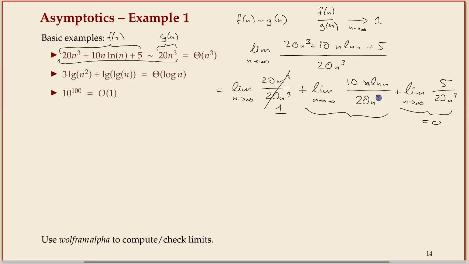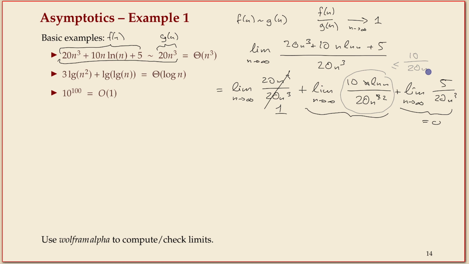We can cancel 1n with 1n. And log n is less than n. So we can upper bound it by, let me do this in small, this is less than 10 divided by 20n, because log n is less than n for large enough n.